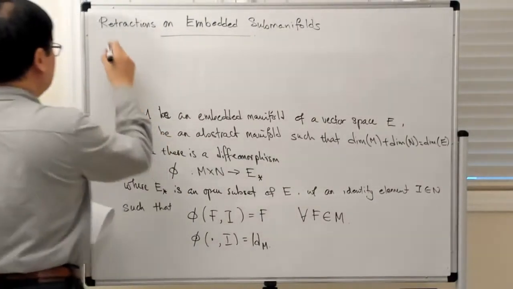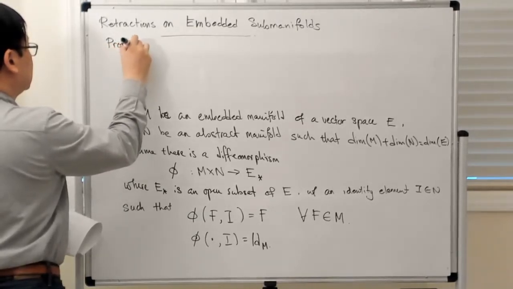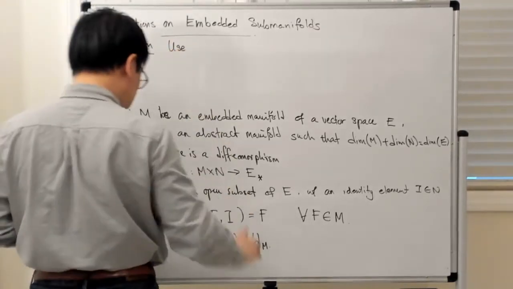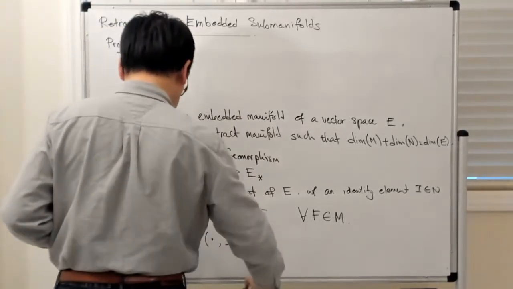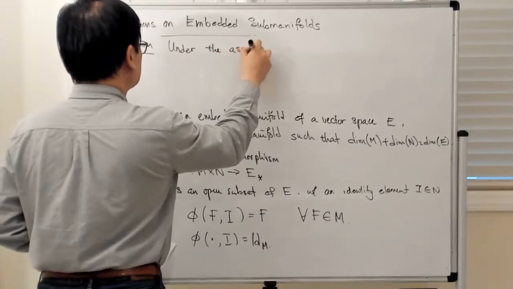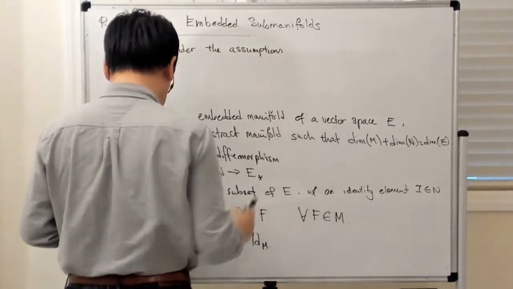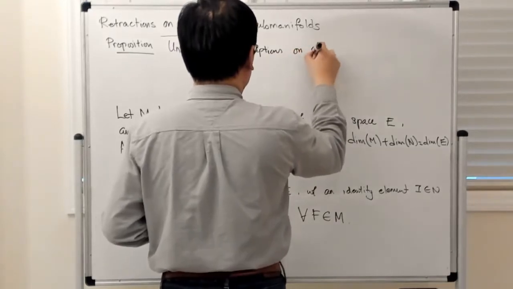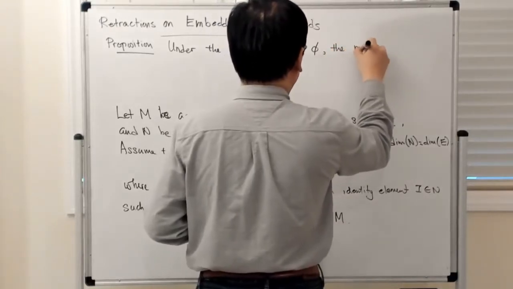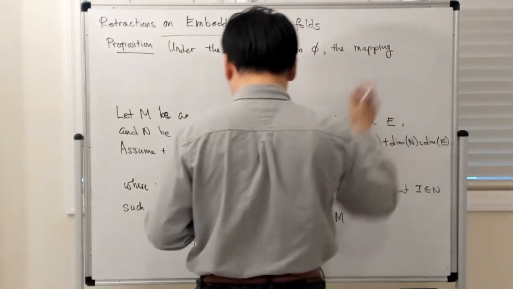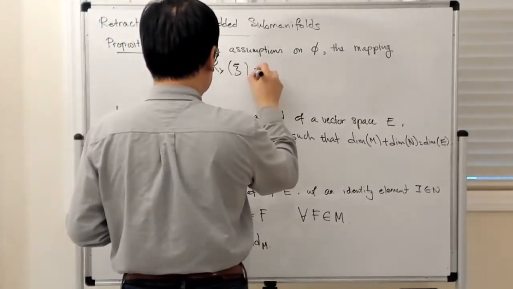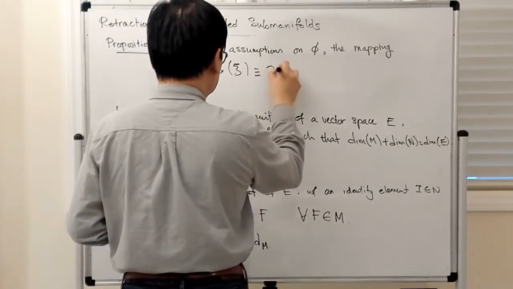Okay, so let me state the proposition now. So under these assumptions, on this diffeomorphism, the mapping R_x of C is defined to be pi 1.